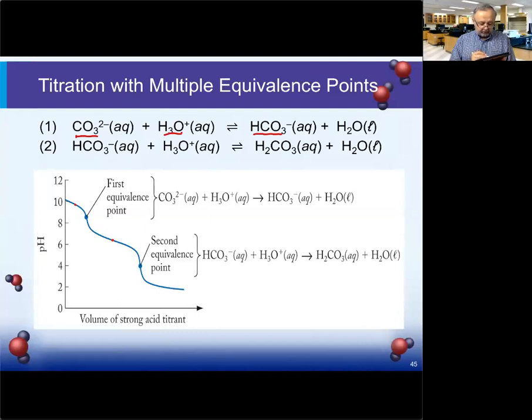The second reaction is going to be bicarbonate reacting with more H plus to produce carbonic acid. So in this case, the analyte is carbonate.